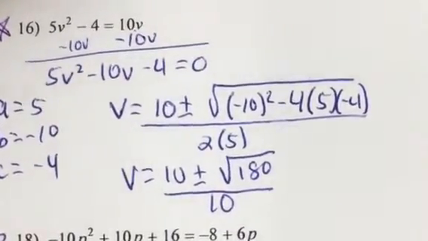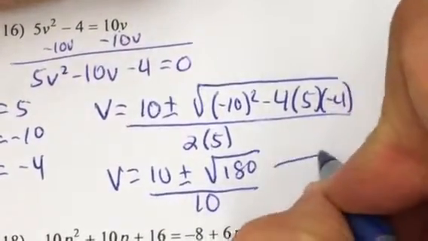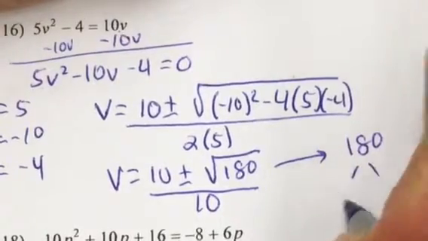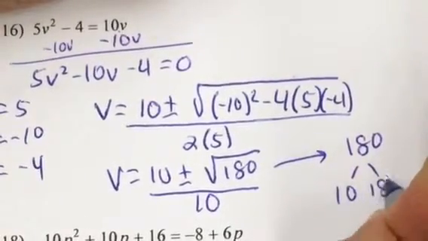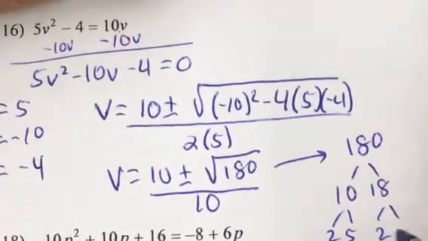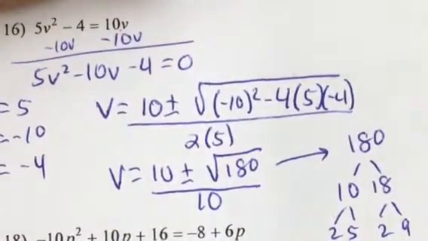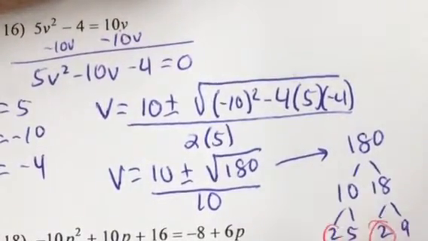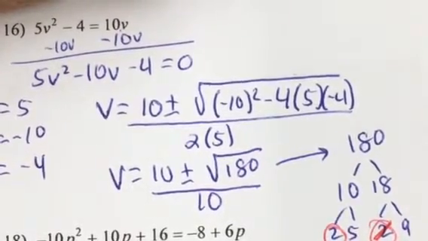We're still on the page? Yes, we are. I need to break down this 180. I know it's 8, 10, and 18. 2 and 5, 2 and 9, 3 and 3. Okay, so I've got a pair of 2s and a pair of 3s. Cross out 1, cross out 1.